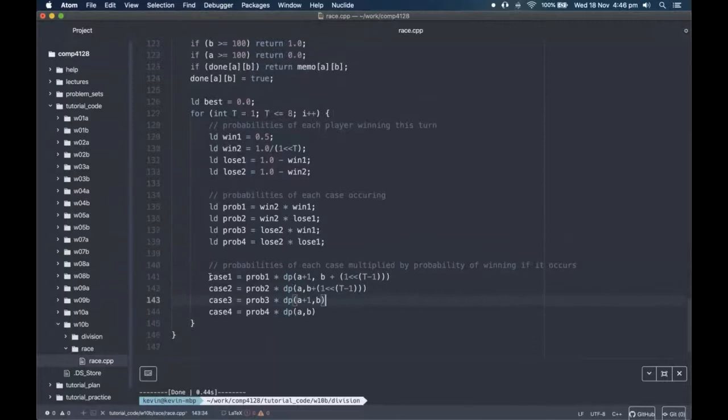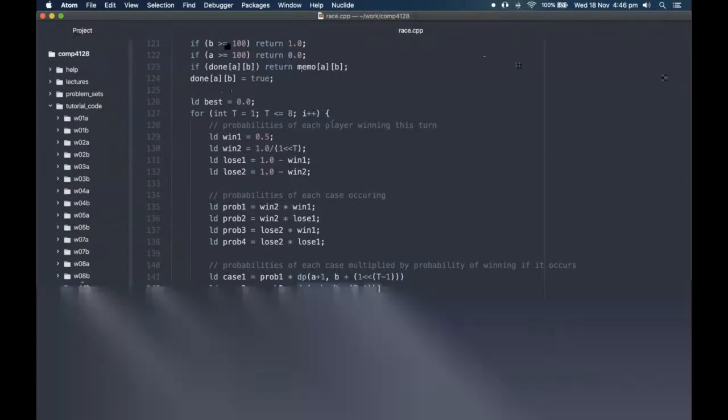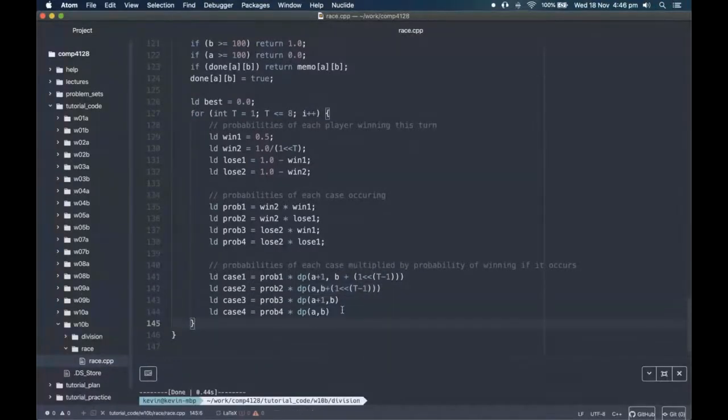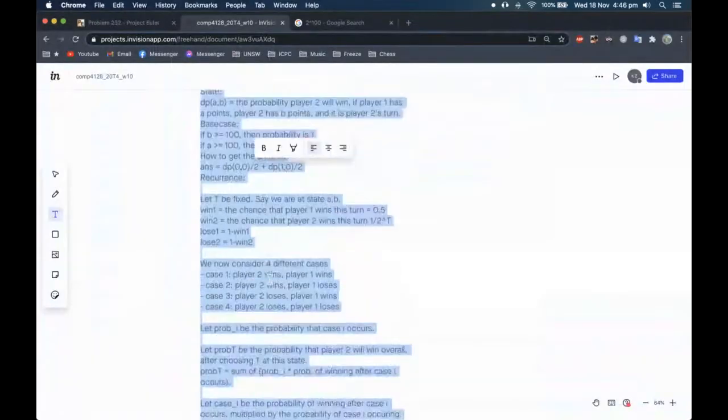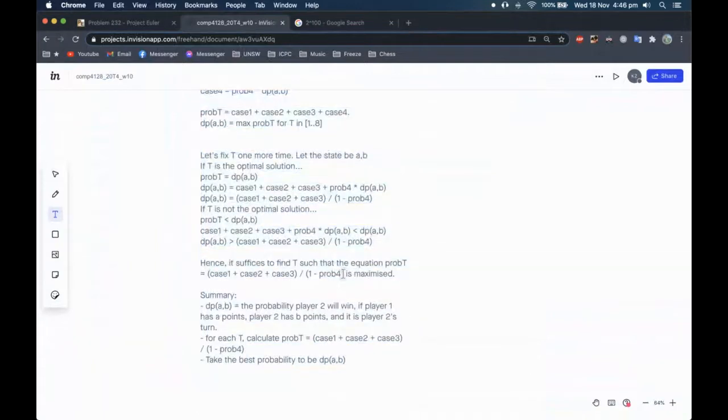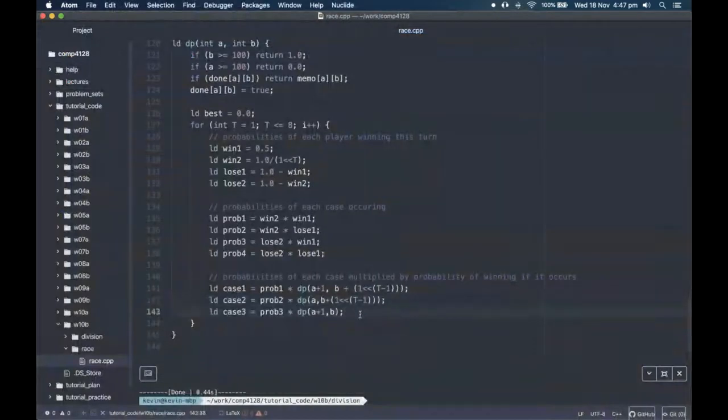Case 1 is prob1 times the recurrence of the DP, case 2 is prob2 times the recurrence of the DP, and so on. I remember we can't actually use case 4 because it refers to itself for the answer, so we've got to make sure we don't include that. All we need is case 1 to case 3, and that's all we need for our formula. If you remember, this formula just needs case 1 plus case 2 plus case 3 and prob4.